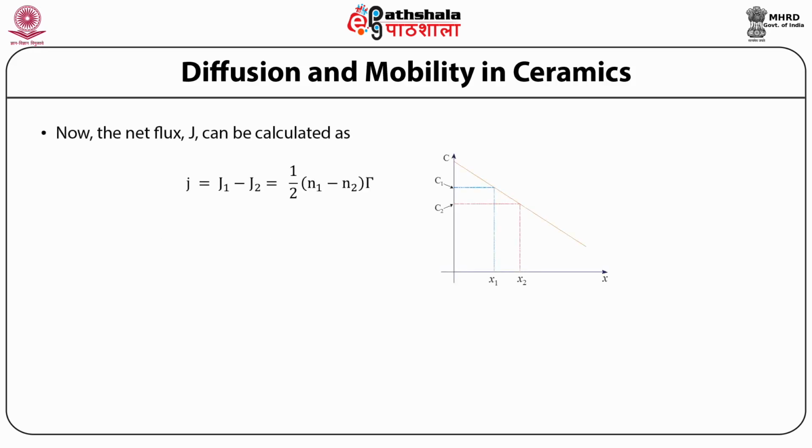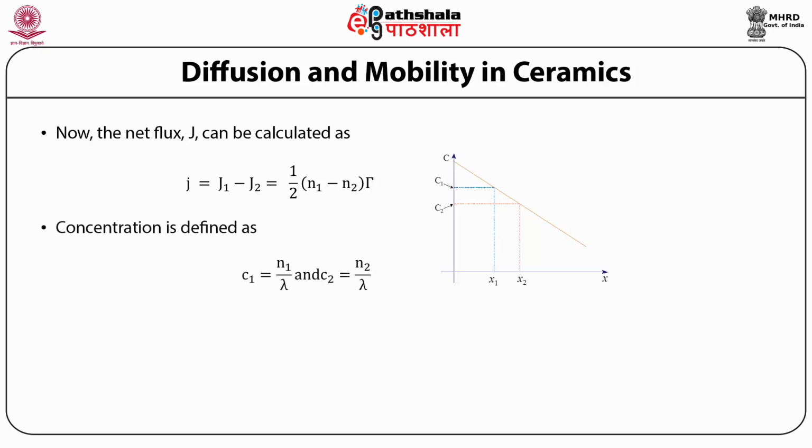Now the net flux, that is J, can be calculated as J is equal to J1 minus J2, which is equal to 1 by 2 times (N1 minus N2) into lambda.